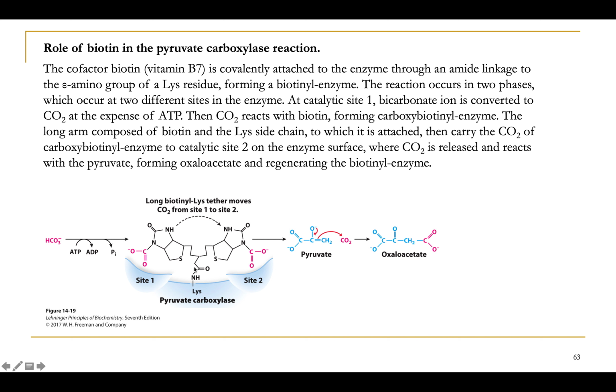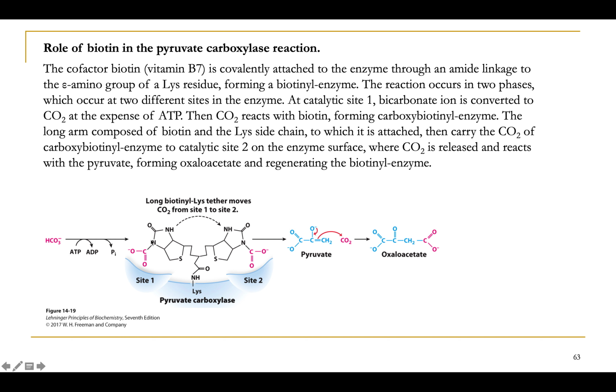As mentioned, it has this cofactor biotin. And biotin is also known as vitamin B7. It is covalently attached to lysine residue in pyruvate carboxylase, and it is used as an acceptor for activated bicarbonate.